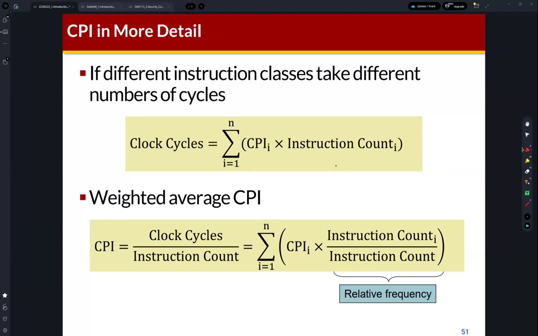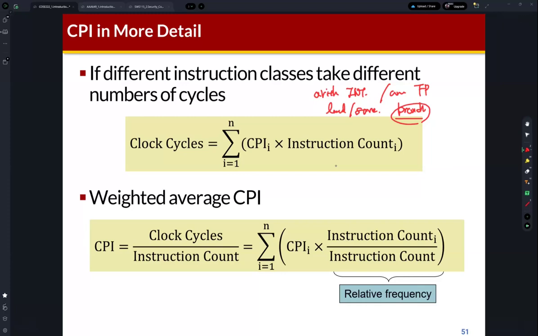For example, we can classify instructions such as arithmetic integer instructions, arithmetic floating point instructions, or data transfer instructions such as load and store. Also, we can classify branch instructions.